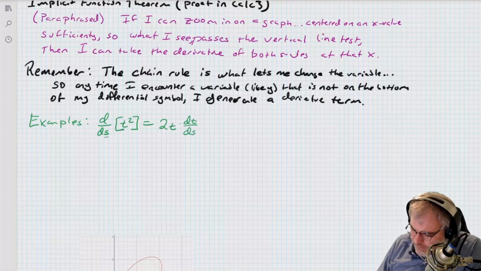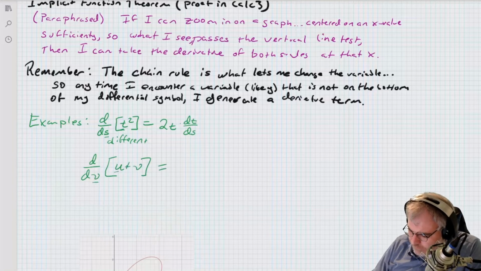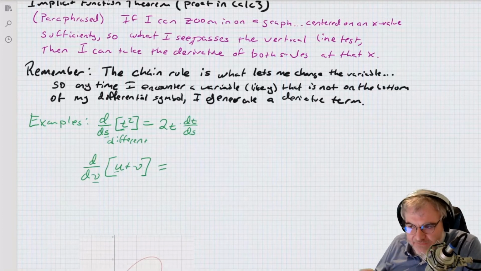These two are different. d over dv of u plus v, different, same. Now, I'm not saying any of these are constant, right?